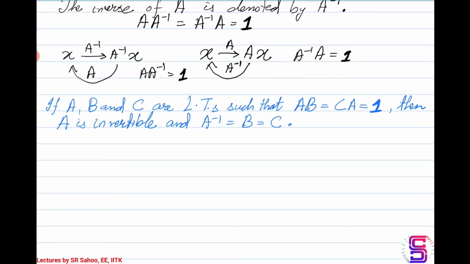This is one way to check whether a transformation is invertible or not. You take the transformation and a product with what you think is the inverse, and check whether it gives identity or not. Now take the commuted product and check whether that is also identity or not. If both of them map to identity, then the transformation under consideration is an invertible transformation, and the transformation that you multiplied is basically the inverse.